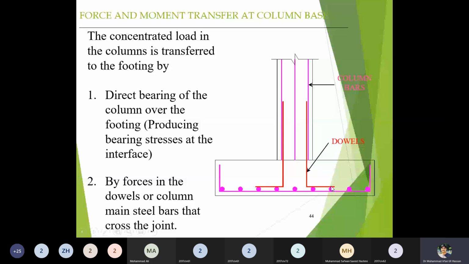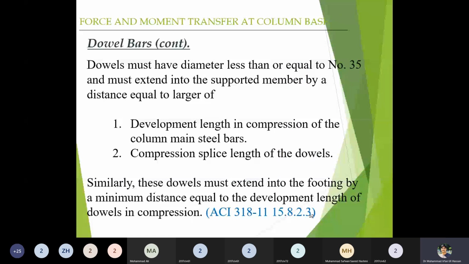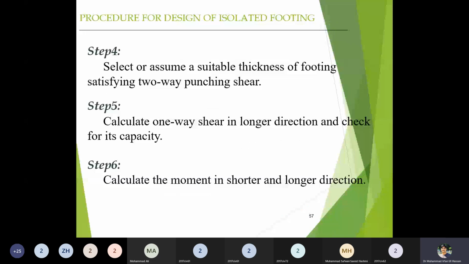Vertical plus horizontal: if the available length is not sufficient in the vertical thickness of the footing, we have to extend it by bending it at 90 degrees. So the total extension should be equal to Ld. If the footing is in tension, that Ld will be used, and in this way you will complete this joint design.